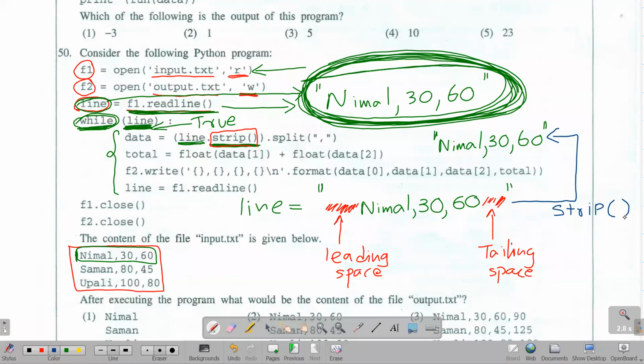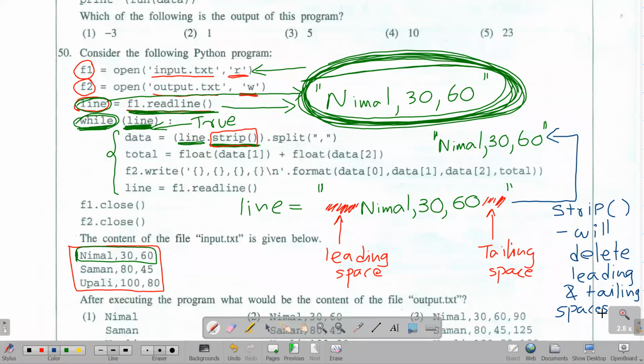So the strip function will delete leading and trailing spaces.